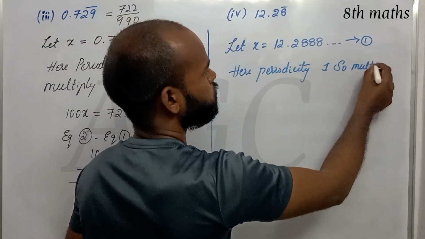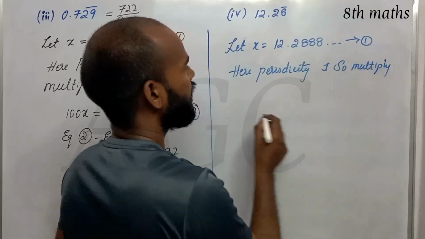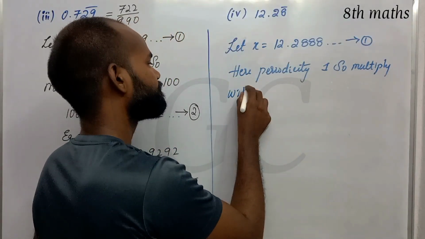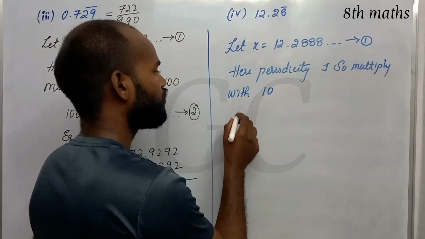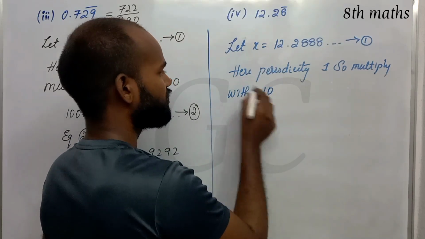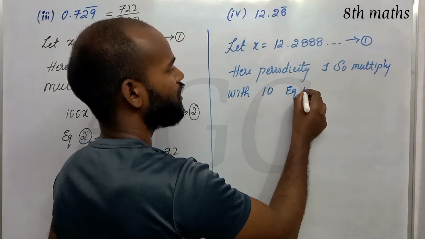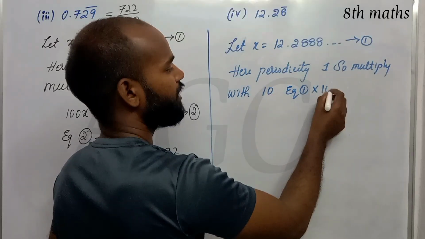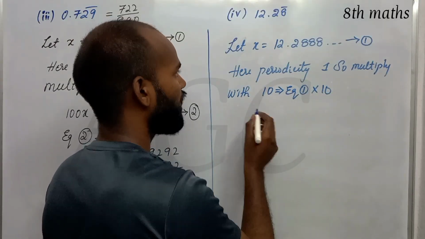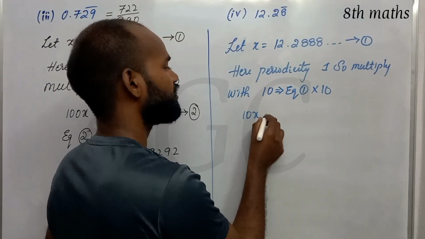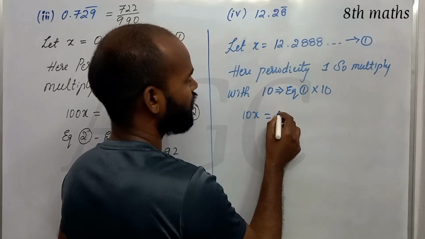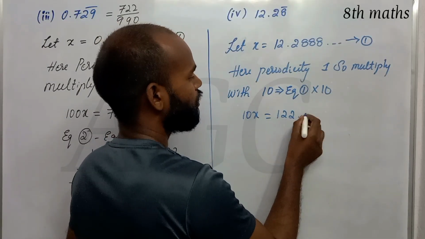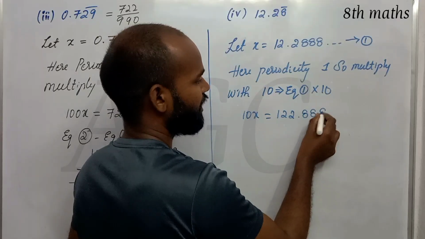So multiply the equation 1 with 10. Okay, that implies 10x is equals to, so when I am multiplying with 10, one digit will move forward, 122.888.